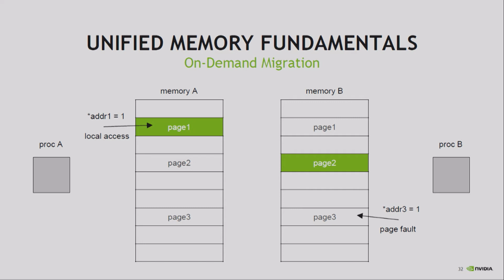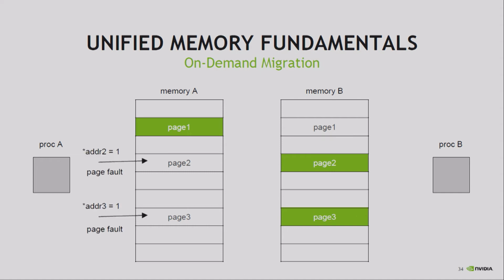But then maybe processor B tries to access page 3 that is not even allocated. Let's say it just writes to it. What's going to happen is there's going to be a page fault triggered, and the page will be populated in processor B's memory, page 3.